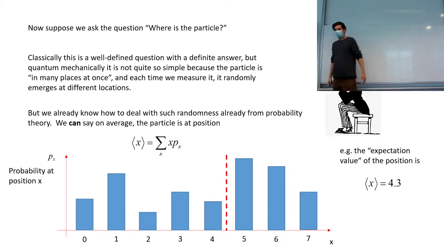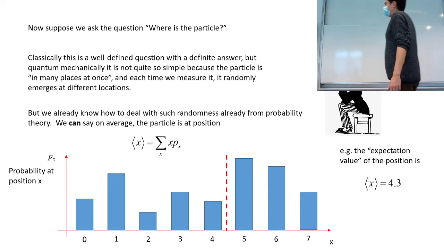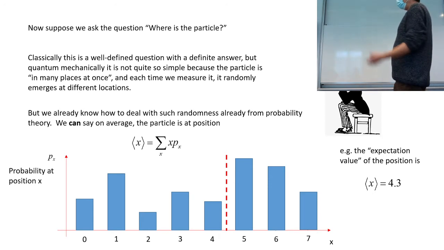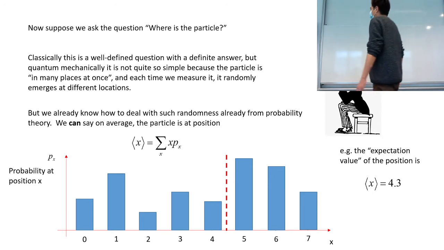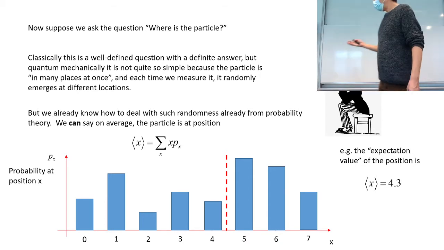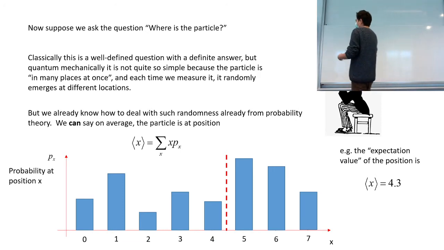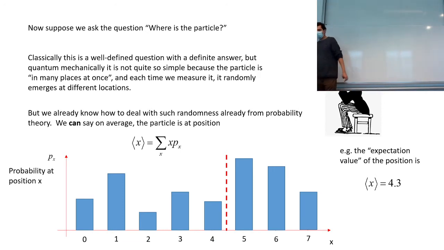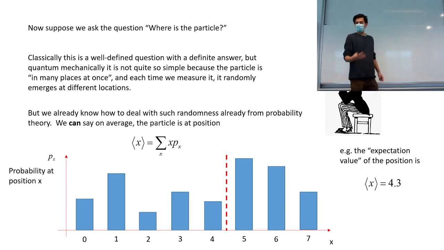So I can do that. So quantum mechanically, if you wanted to ask, say, what is the energy or what is the position or momentum or all these types of things.